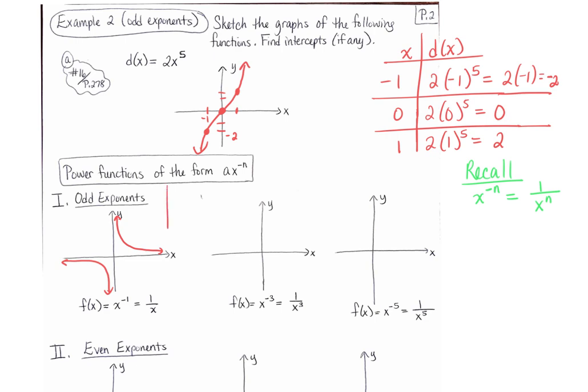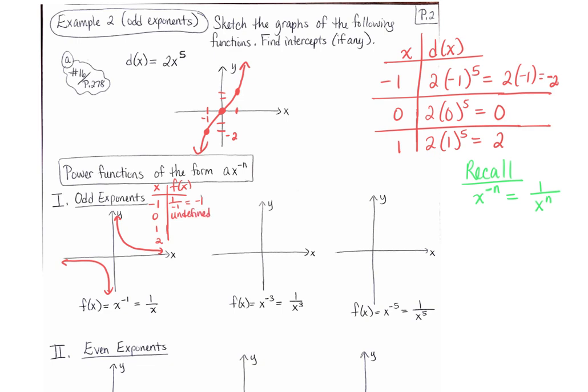If you want to see points plotted, you have x and f of x. If you choose -1, 0, 1, and let's add 2 as well. If you substitute in -1, that gives you 1 over -1, which is -1. If you substitute in 0, we get undefined, so that's not possible.